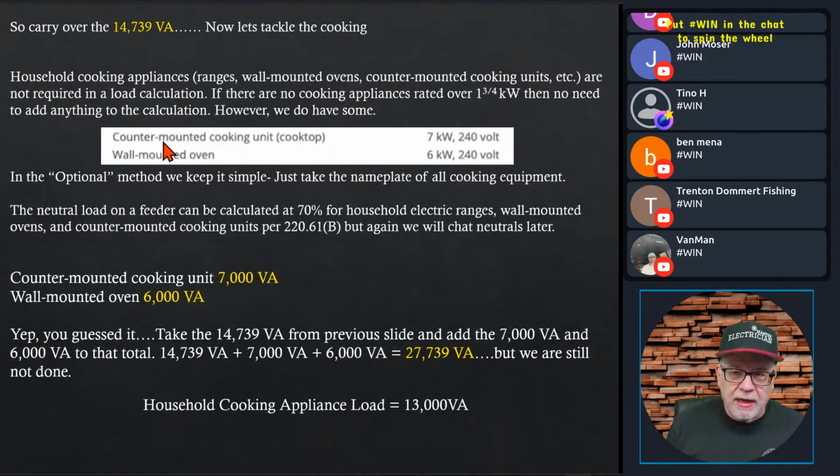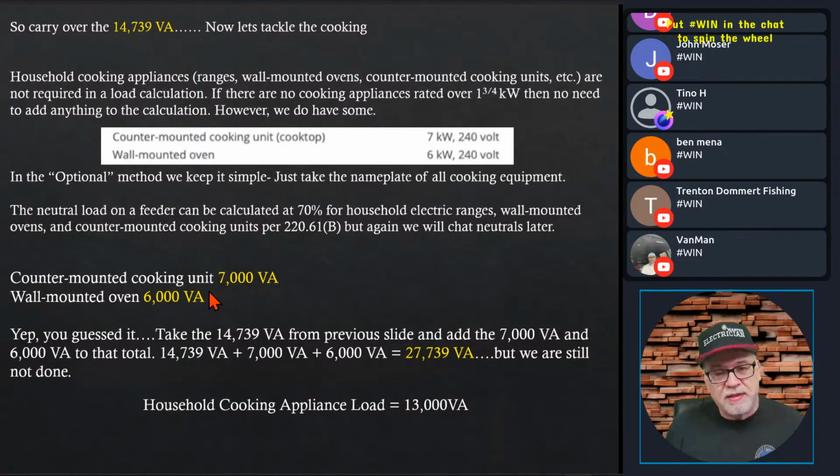What about that cooking? Easy peasy. You're just taking the nameplates. That's it. Adding it to it. So you just keep that method going. So we're going to take the 7,000 VA, converting it to VA. Okay. K being 1,000, W being watts. So 7,000 watts. That's how that works. K means kilo. And we take the wall-mounted oven at 6 kW, which is 6,000 VA or 6,000 watts.